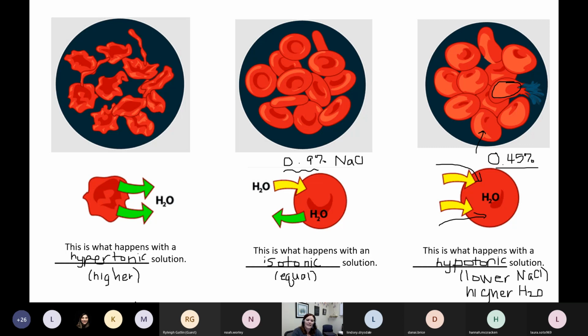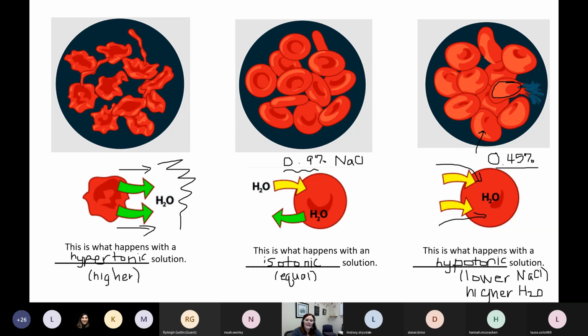So what that means is there's a bunch of salt out here. And the water inside my red blood cell says, oh, I'm not bumping into nearly enough salt. There's so much salt outside the cell. Peace out. I'm going to go find it.